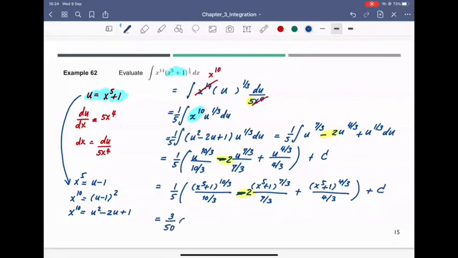So you get 3 over 50 (x^5 + 1) to the 10 over 3, and then minus 6 over 35 (x^5 + 1) to the 7 over 3, and then plus 3 over 20 (x^5 + 1) to the 4 over 3, and then plus C. It is a little bit risky to simplify because sometimes you forget your constant, but this is your answer.